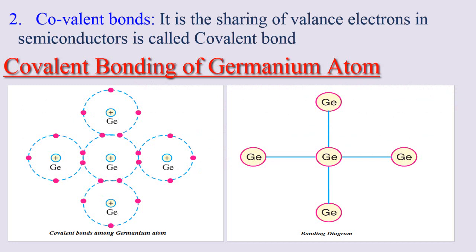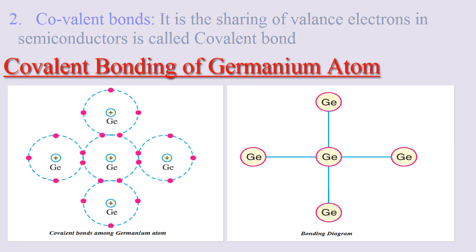Second, covalent bonds. The atoms of every element are held together by the bonding action of valence electrons. This bonding is due to the fact that it is the tendency of each atom to complete its last orbit by acquiring 8 electrons in it.